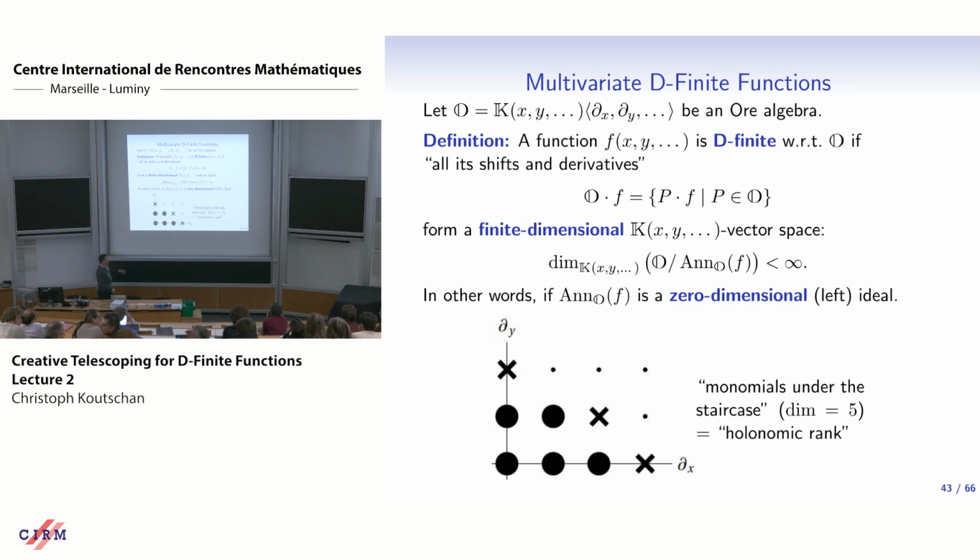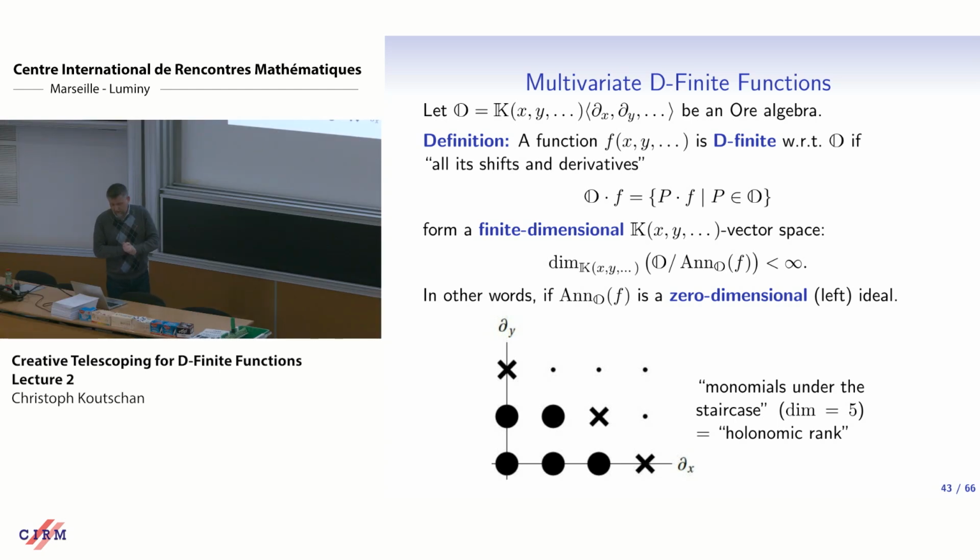So this is the picture that everybody is familiar with. So in two dimensions, well, we have a Gröbner basis, we have a finite set of monomials under the stairs, and the number of these monomials under the stairs, this is what some people call the degree of the ideal, or here we usually call it the holonomic rank of the function. And we have seen for the Legendre polynomials, this rank was just 2.